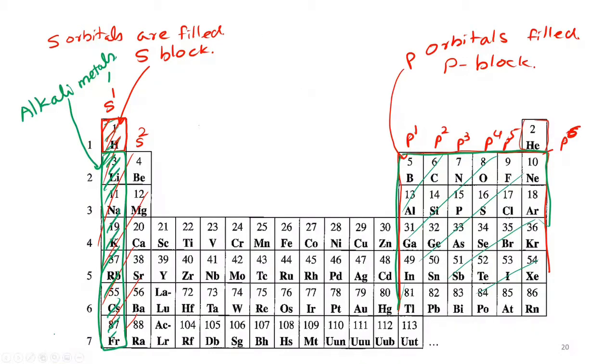And then the next group, which is group 2, we call alkaline earth metals. Everything in this group, the name says it, metals. They are all metals.